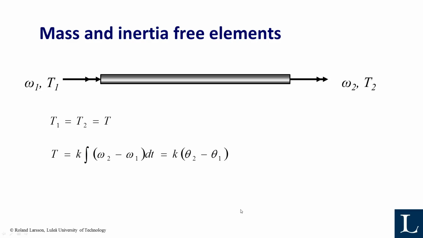And now we can start defining relationships for the different elements, and I'm pretty sure you have seen this type of relationships before. So if we have the shaft element, if we don't have any mass or inertia in this shaft, the relationship between the effort torque and the flow speed is simply like this, or in terms of deflection it looks like that.